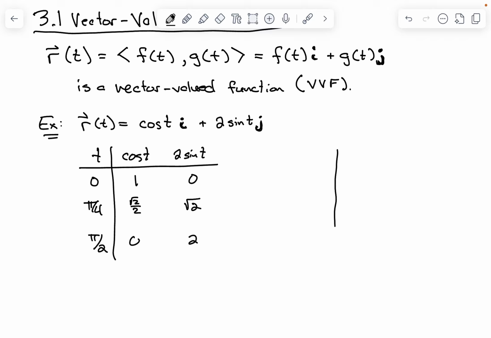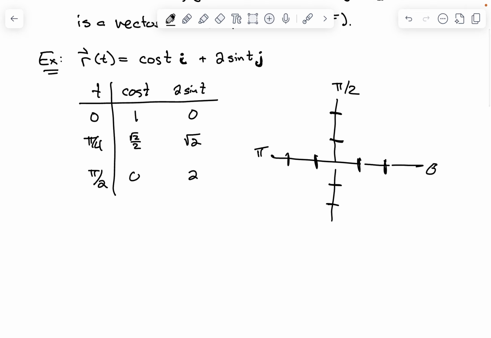So we can use symmetry here to graph this. Starting here at 0 and going up to pi over 2 and then pi. Let's see, we start out at the point 1, 0.